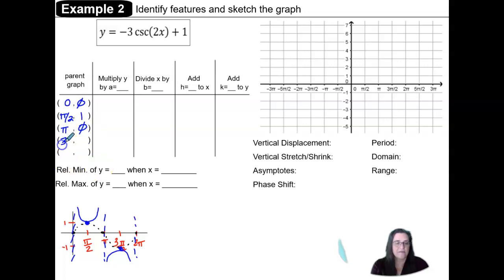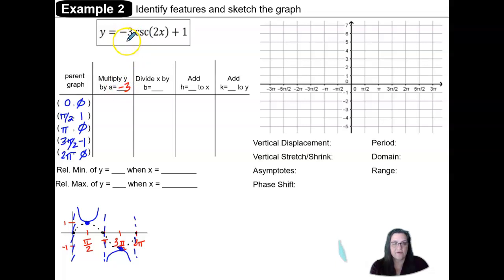Then 3 pi over 2 is a relative max of -1. And then 2 pi is undefined. That's another vertical asymptote.